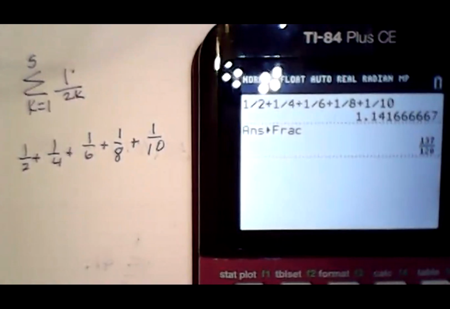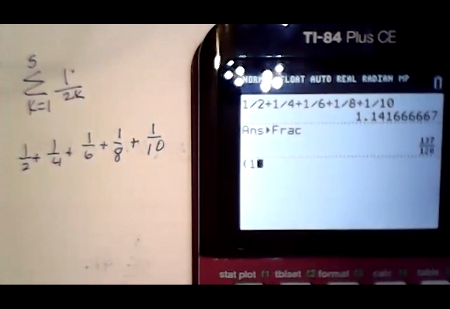Okay, so tell me what you put in the calculator first. I did parentheses, and then I did 1 divided by 2 times 1. Did you use parentheses on the bottom? Yes. And then you close, so it looked like that? Yep.